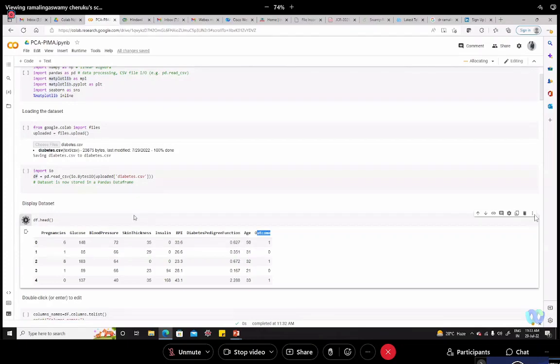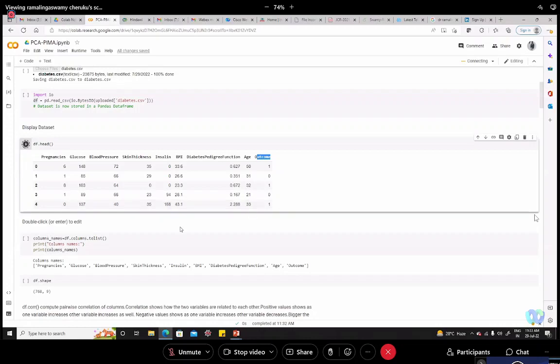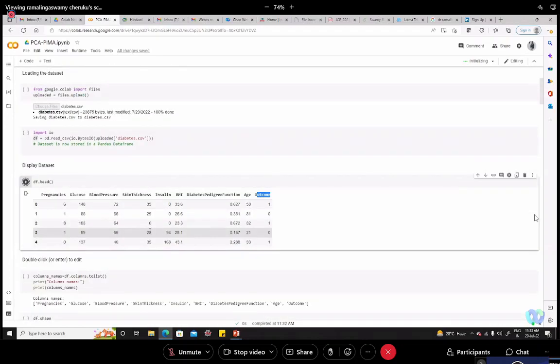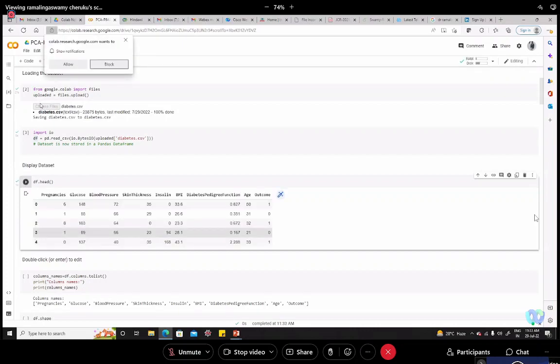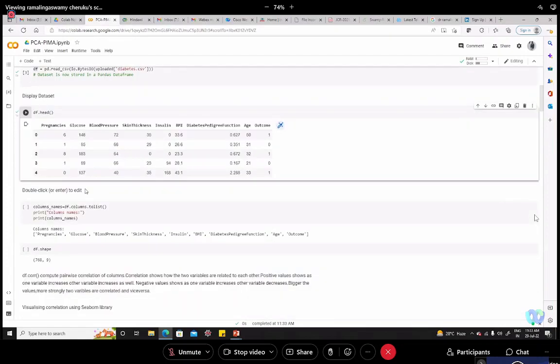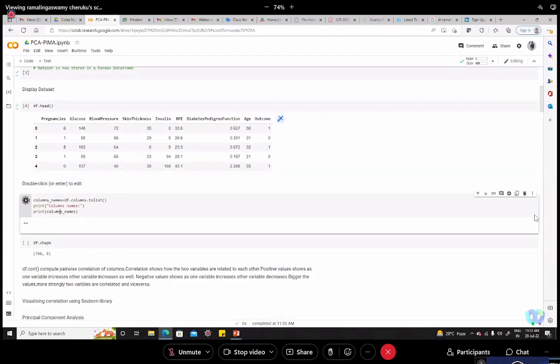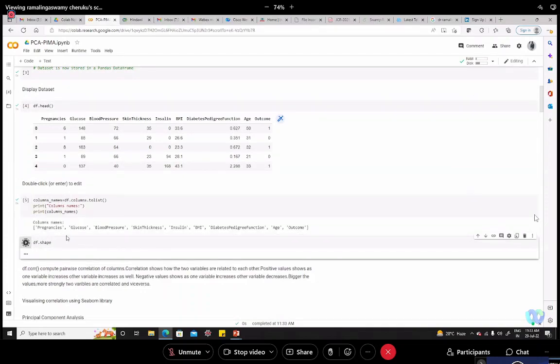Let me display its dimensionality also. This is the data set. Let's see the shape of my data set: it has 768 records and 9 columns.